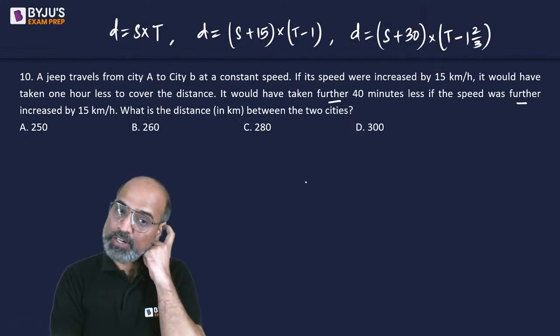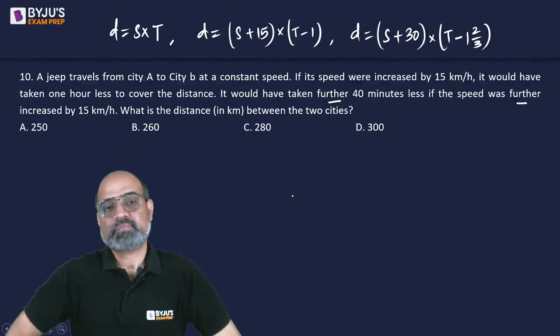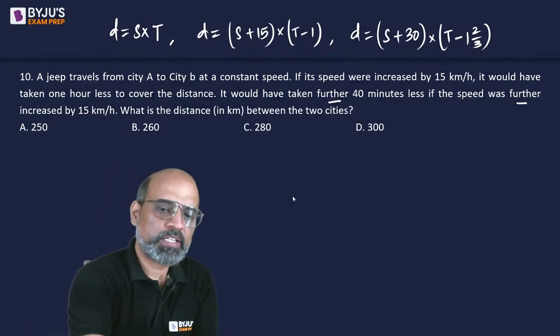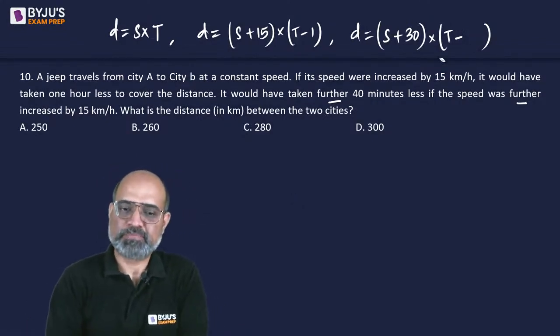What we can do is, if we take that in the denominator, still it is going to be lengthy. So पहले तो 1 2/3 को let's write down this as 5/3.